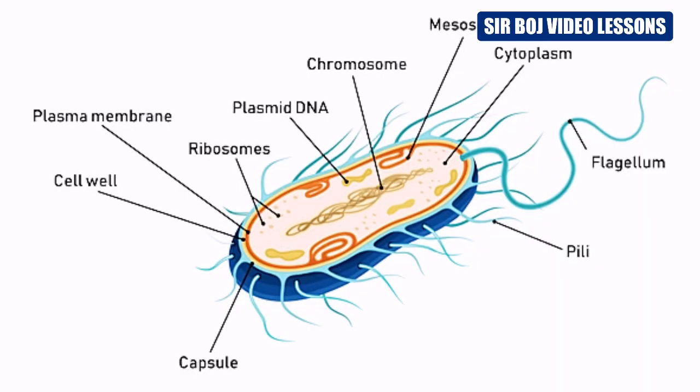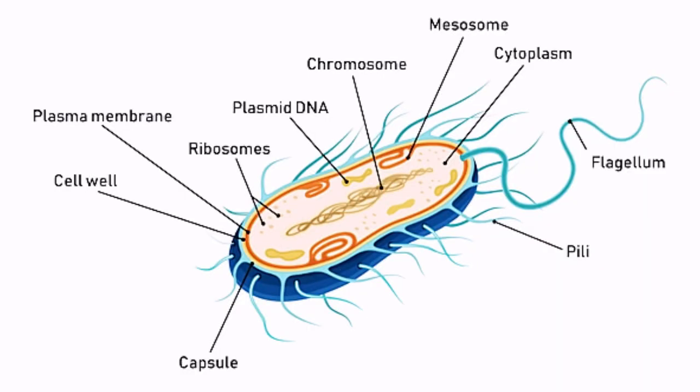First is the capsule, for protection. The cell wall gives shape and support. The cell membrane controls movement of substances in and out of the cell. The cytoplasm is the site of metabolic activities. The ribosome is for protein synthesis. The nucleoid contains DNA. Pili and villi are for attachment, and the flagellum is for movement.